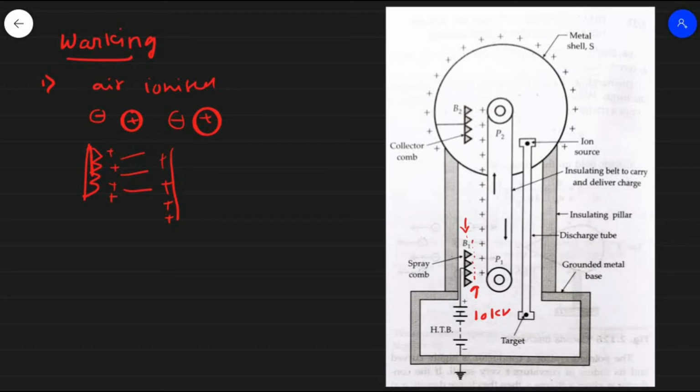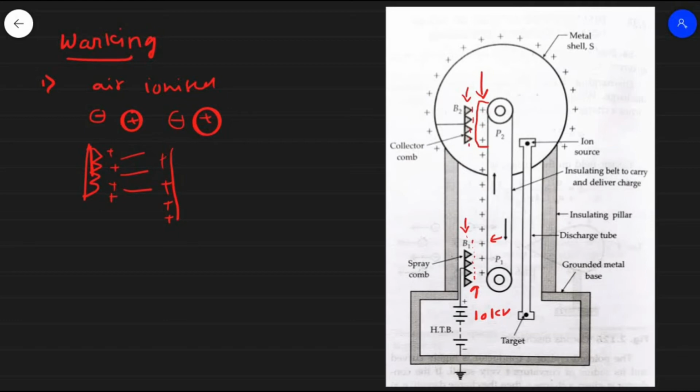Now, with the help of the pulley, we rotate the insulating belt, and this positive charge moves upward. As soon as this positive charge comes to this point, what will happen? This is a very important point. When these charges come to this point, this positive charge will induce negative charge on this spray comb, at this end.